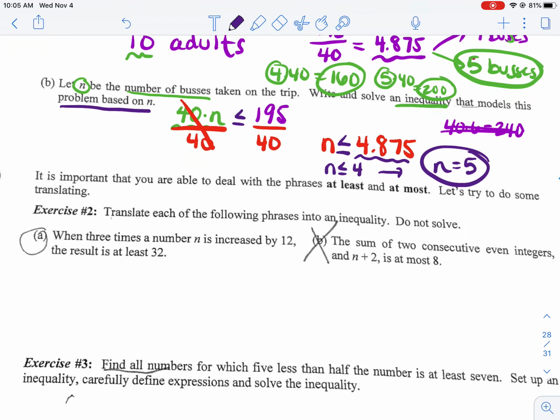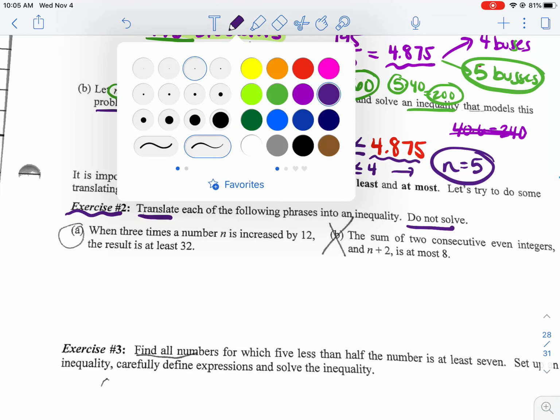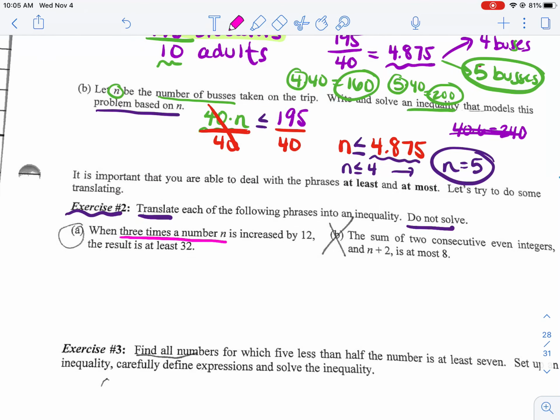We also have some questions like example 2. It says, translate each of the following into an inequality. We don't want to solve, okay? So let me read through this first. 3 times the number N is increased by 12, the result is at least 32. So here's my number, increased by 12, at least 32. 3 times N, increased by means to add, at least 32.